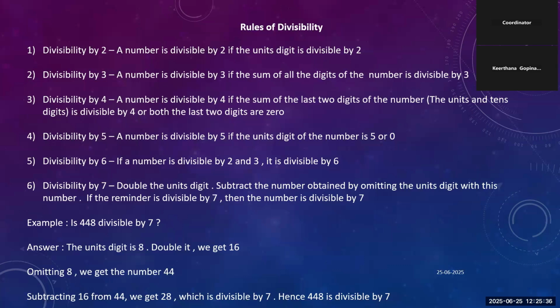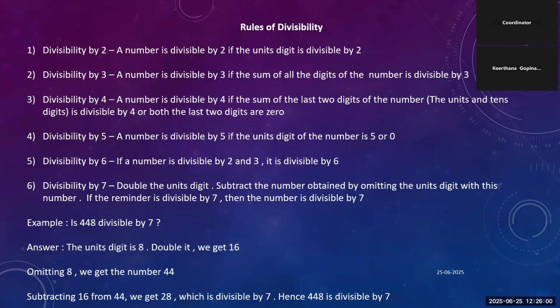How do you find if a number is divisible by 3? You add all the digits. 2 plus 8 plus 5. What does it come to? 15. Is 15 divisible by 3? Yes, sir. 3 5s are 15. So 285 is divisible by 3.